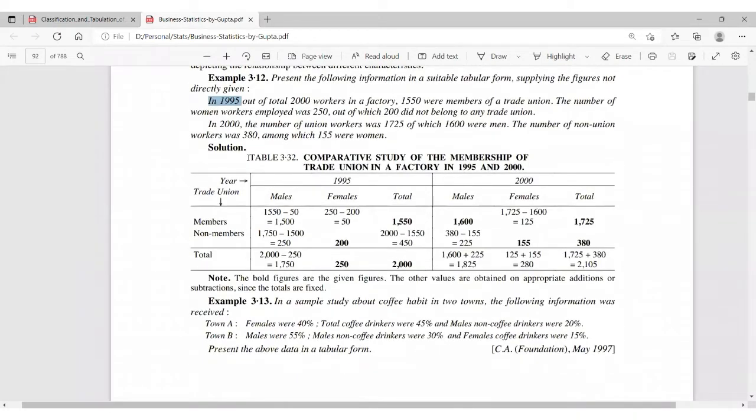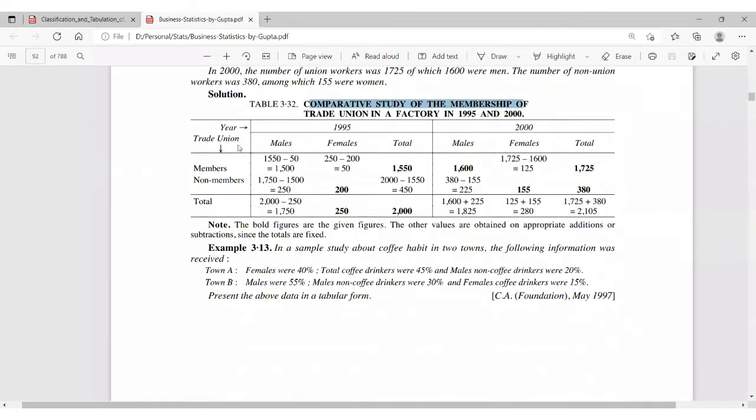In this we have mentioned table 3.32. This is a table number. The heading is: comparative study of the membership of trade unions in a factory in 1995 and 2000, right? So we made a table like this. There are members and non-members of the trade union, right? Since this is a comparison of the two years, we put the two years, 1995 and 2000.